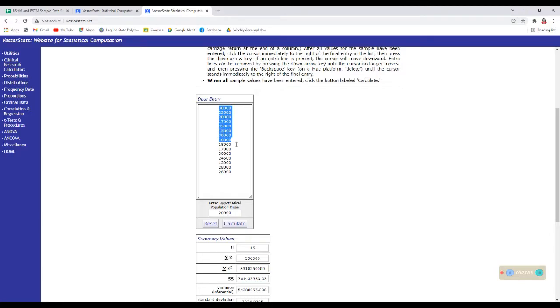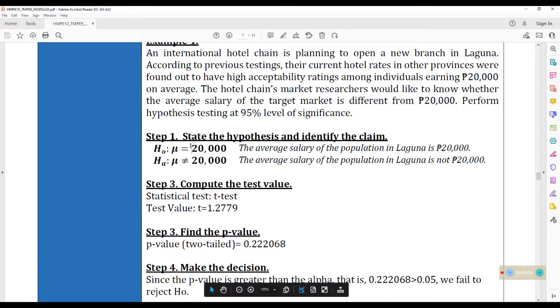Ipinis lang natin siya dito. Tapos, yung hypothetical population, minsan yan makukuha, itong 20,000. Di ba nag-create na kayo ng hypothesis? So, kung ano yung laman niya dito, yung K, yun yung hypothesized mean, or yun yung hypothetical average, hypothetical mean. Ito po yun. Dito galing si 20,000, okay?